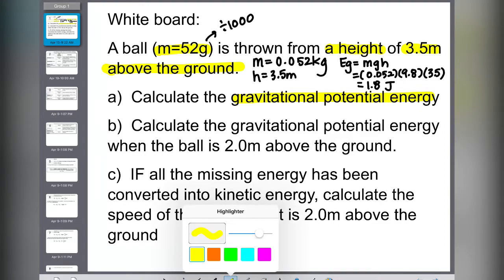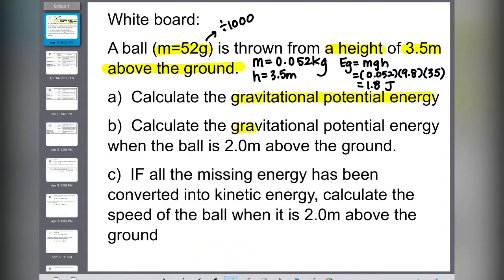Okay, part B: calculate the gravitational potential energy when the ball is 2 meters above the ground. Now your height has changed. The given for the mass is the same as before, the only thing is that your height has now changed. So Eg equals mgh.